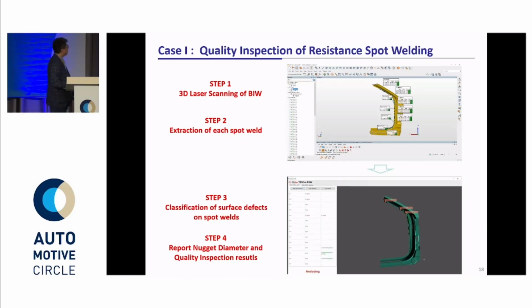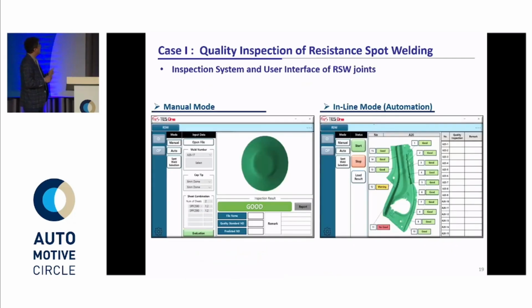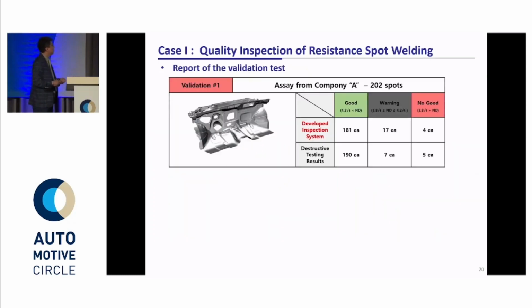Also, the report of the nugget diameter and quality inspection result will be automatically displayed in the display system. We can use this as a manual mode for single spot analysis, and also in inline mode.